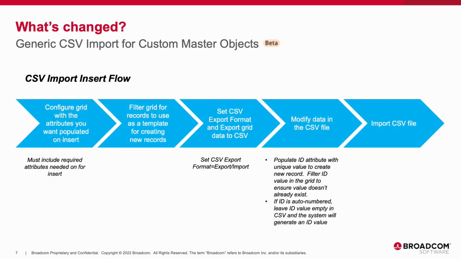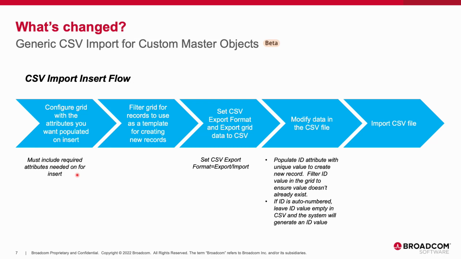This slide covers the high-level flow for the CSV import when you're inserting or creating a record. The first thing you want to do is configure the grid with the attributes you want to populate on insert, and be sure you include any required attributes needed for the insert. A quick way of figuring that out is just clicking the plus button to insert a record.